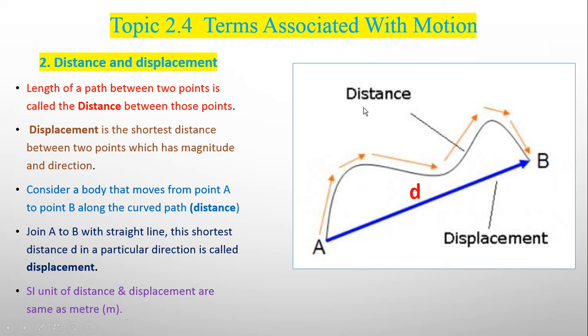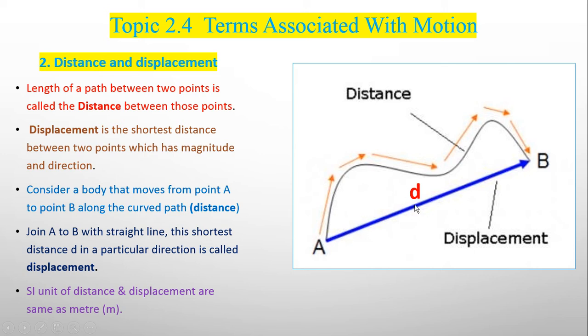That's why distance is called scalar quantity, because we are not concerned with the direction of motion. Now, what is displacement? Join point A to point B with a straight line.